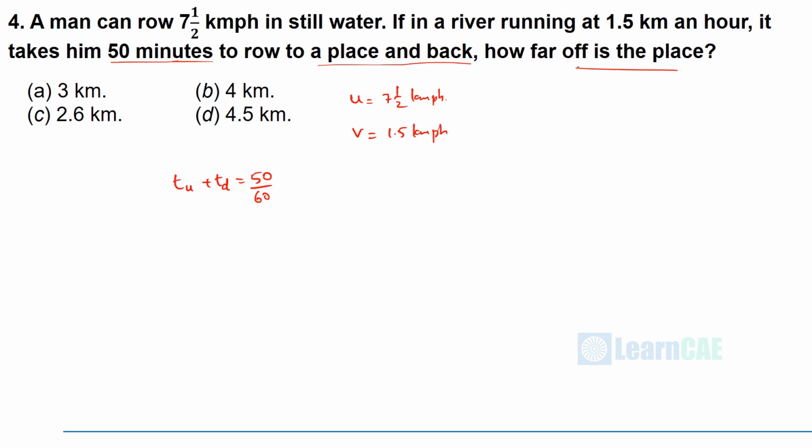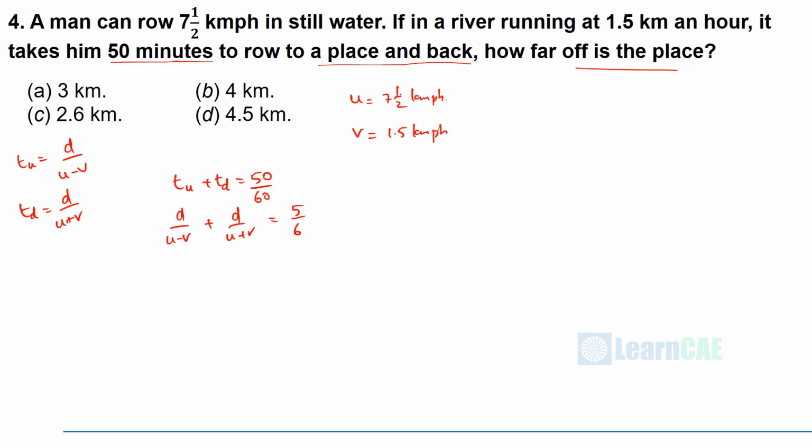They are asking how far the place is. Time taken upstream is nothing but the distance travelled by the relative velocity, that is U minus V. Time taken downstream is distance travelled by U plus V. We shall substitute this here: D by U minus V plus D by U plus V is equal to 5 by 6.